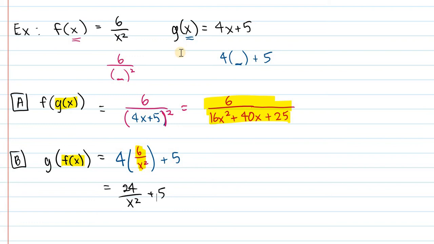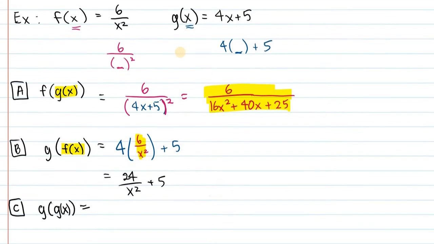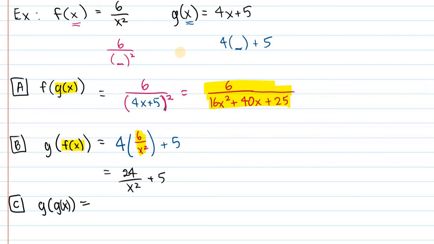You can also use composition, you can do an inception of yourself. You can use composition on the same function. So in this example, if we ask for the composition g of g of x, that means that we're going to put the g of x expression into g of x.